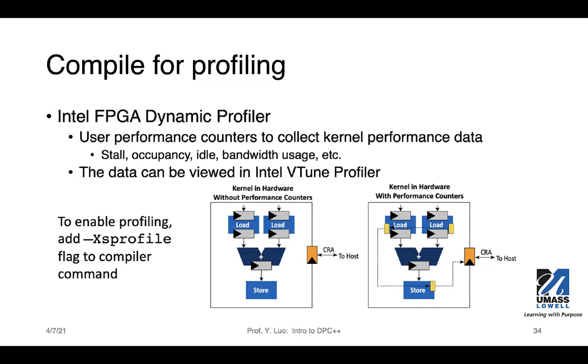Once the data are collected, at the end of the execution, the data can be viewed in Intel VTune Profiler. At the compilation stage, we need to enable profiling. What we need to do is to add this special flag -x profile to the compiler command.